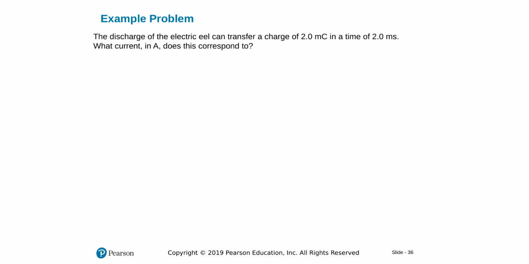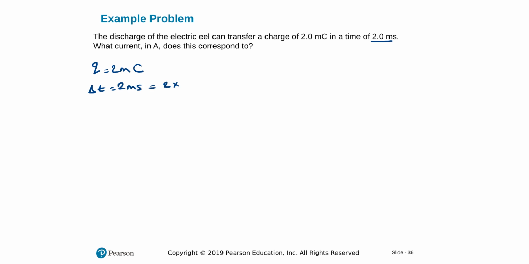Another similar question. The discharge of the electric eel can transfer a charge of 2 millicoulomb. So my charge is 2 millicoulomb in a time of 2 milliseconds. So delta T is 2 milliseconds.